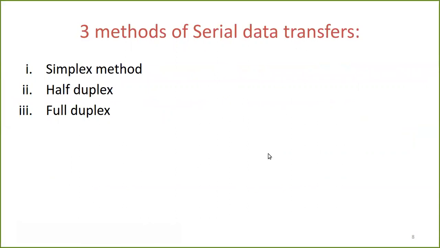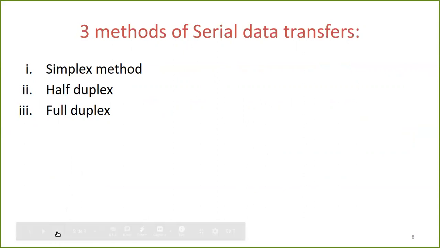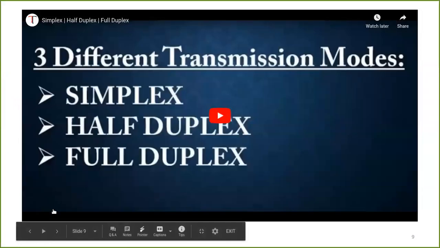Now, the next topic is the methods of serial data transfer. Here we have three methods: simplex, half duplex, and full duplex. Now let us see each method in detail.